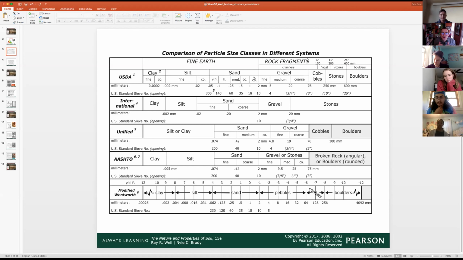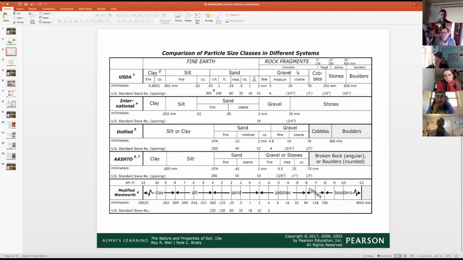And so as you get closer to the bedrock, you might start to find fragments of the bedrock that have not broken down yet. And so if you see them, there is another set of measurements and terms that we use to talk about those larger fragments. And the words are relatively familiar.